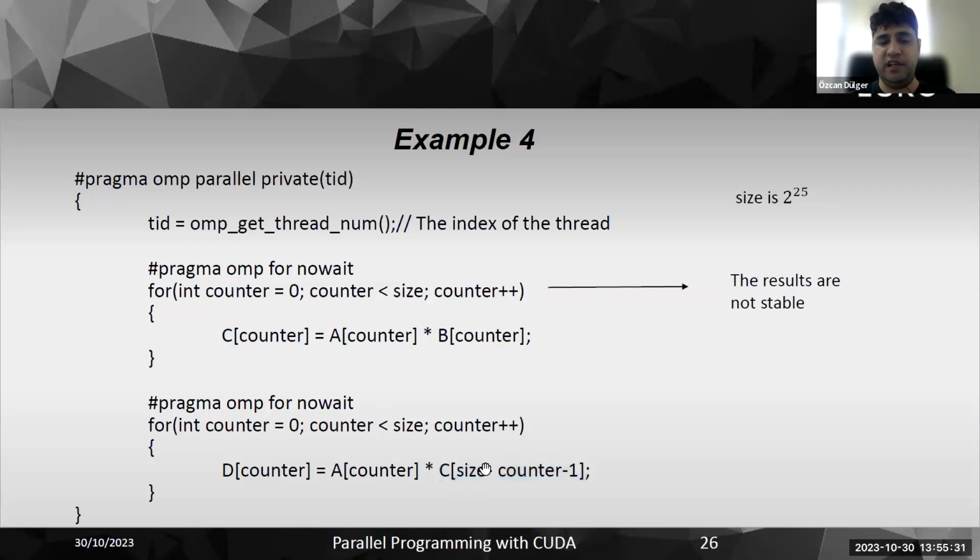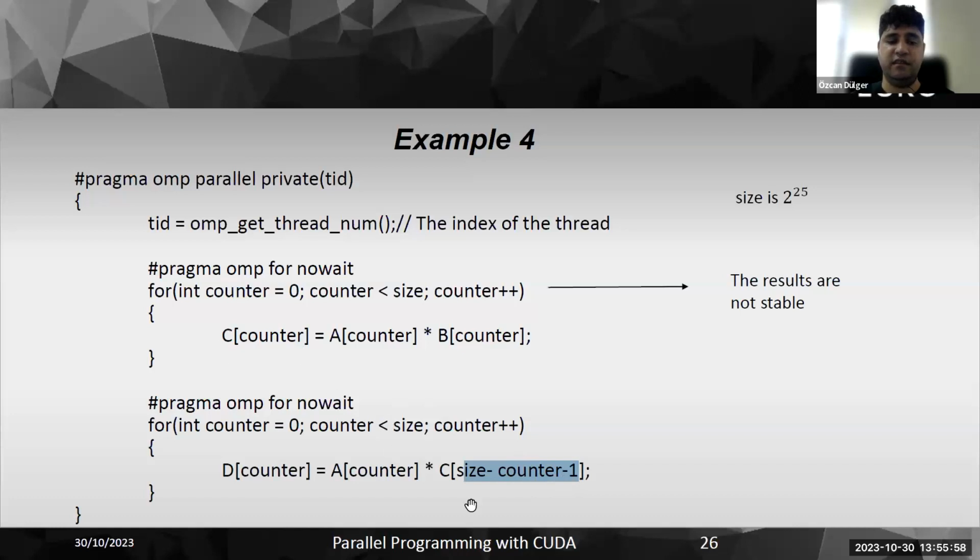Be careful about the index of the C here. The first thread executed the first index of the C array. In this example, the first thread executes the last element of the C array. So be careful about it.